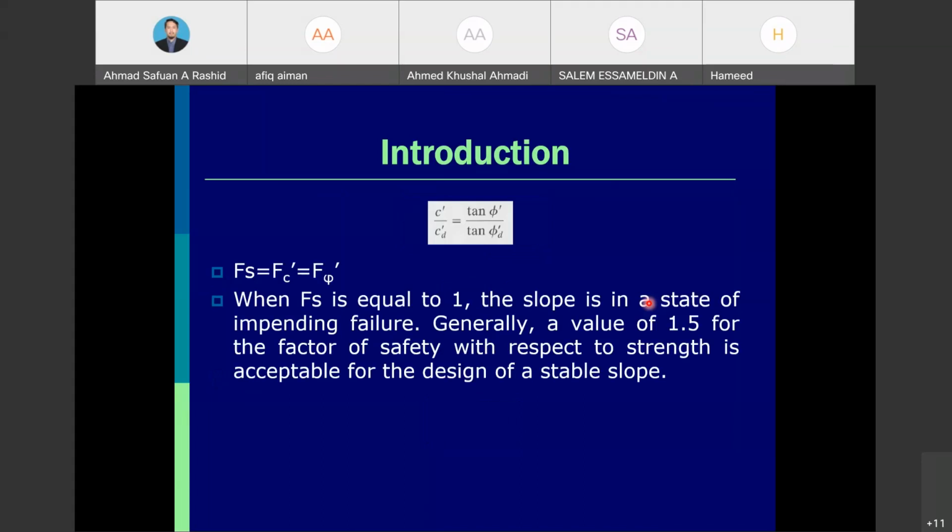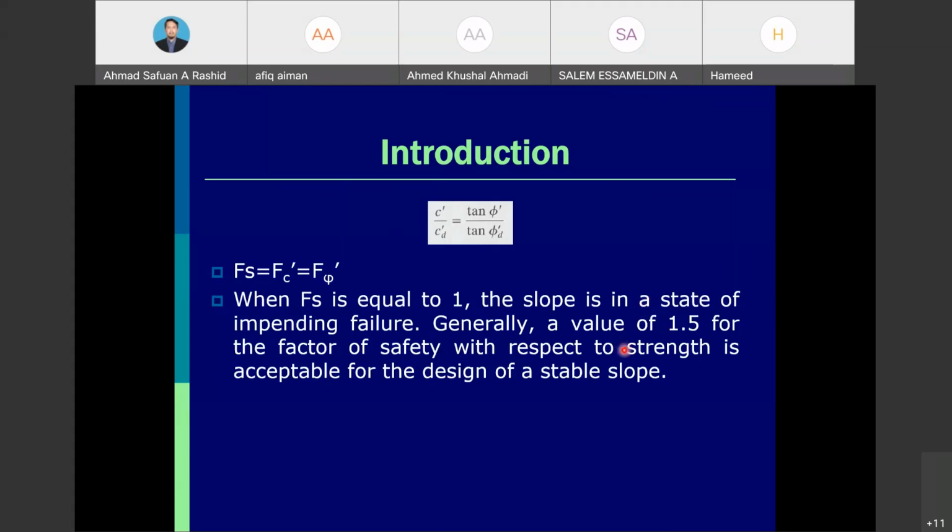When FS is equal to 1, the slope is in a state of impending failure. Generally, a value of 1.5 for the factor of safety with respect to the strength is acceptable for the design of a stable slope.